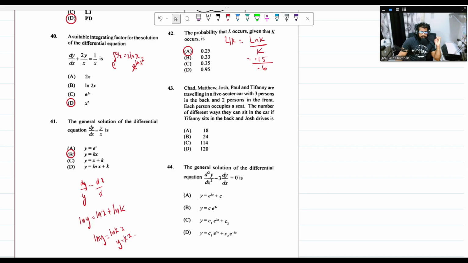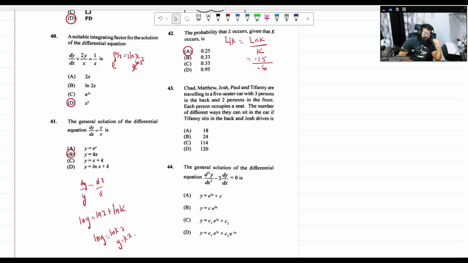Chad, Matthew, Josh, Paul, and Tiffany are traveling in a 5-seater car with 3 persons in the back, 2 persons in the front, and each person occupies a seat. The number of different ways they can sit in the car if Tiffany is sitting in the back and Josh is driving.